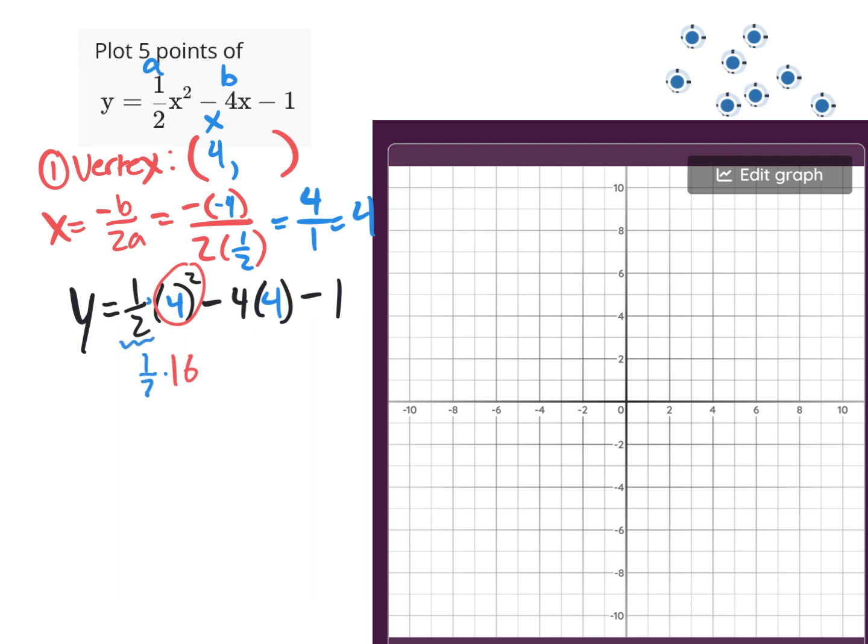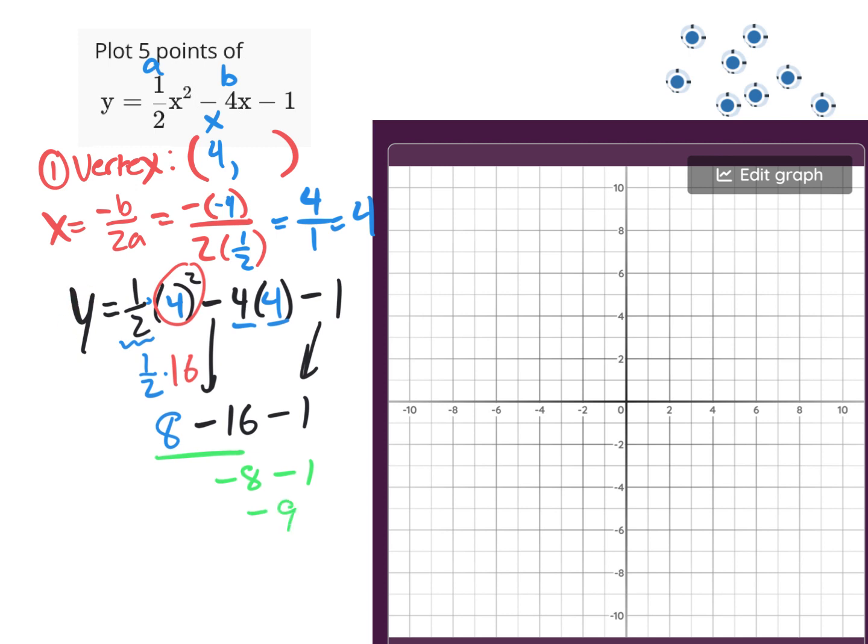So 16 times half, you could do that on the calculator if you want, that's just 8. And then 4 times 4, that's 16 with the minus sign in front, right? That minus sign just comes straight down. So you have 8 minus 16 minus 1 that also just came down. So from left to right, 8 take away 16, that's a -8, and -8 minus 1, that's a -9.